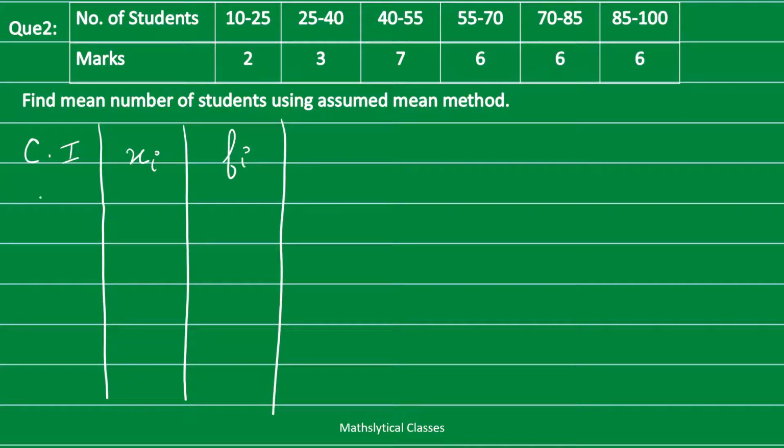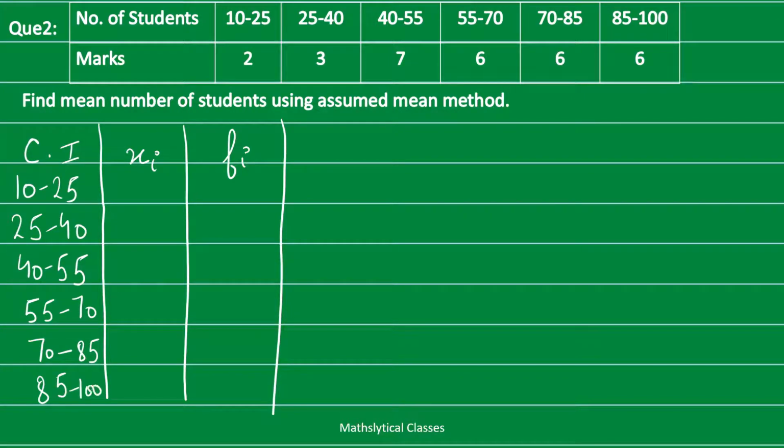The class intervals are 10 to 25, then 25 to 40, then 40 to 55, then 55 to 70, then 70 to 85, and 85 to 100. You have to find the midpoint of these class intervals.